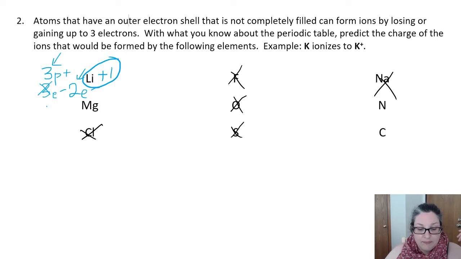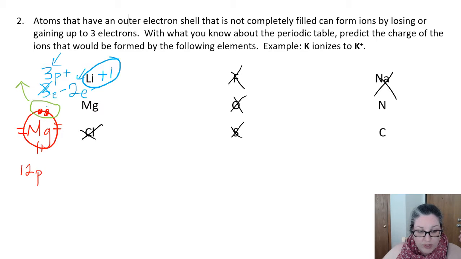For magnesium, we decided that magnesium is going to get rid of 2 because magnesium in its outer shell has 2 electrons and 7 empty spaces. So it's going to get rid of these 2, and it started with 12 protons and 12 electrons.